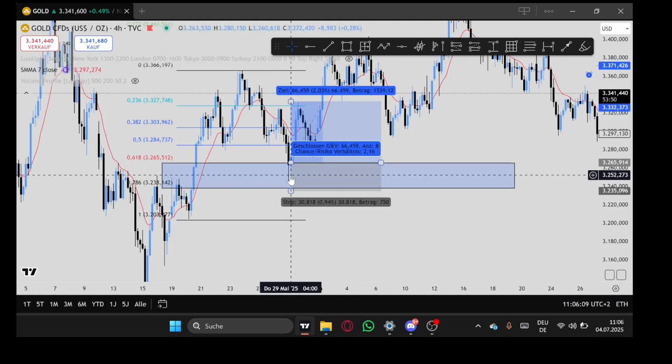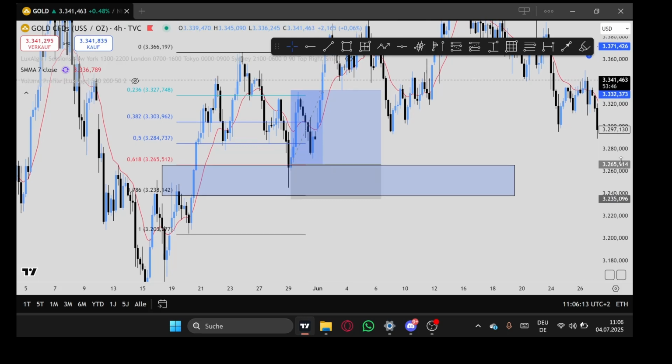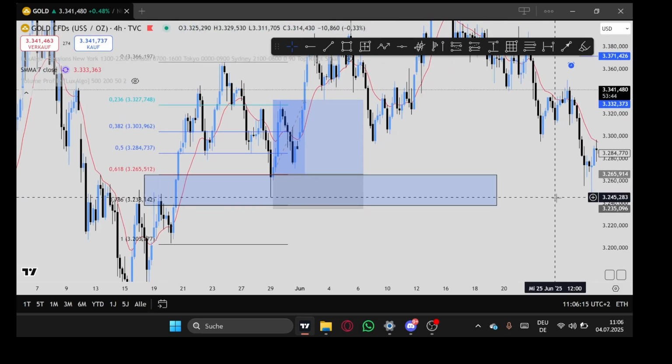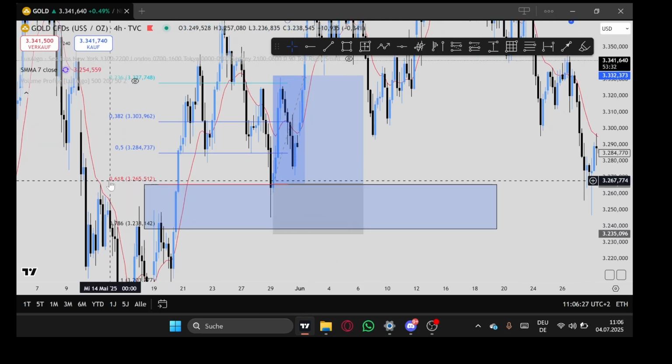So this would be something I could do if I had time for it. For example, if I'm not busy right now, I would have just gone into a lower time frame, the M15, and observed the structure and observed how it reacted on a 618.